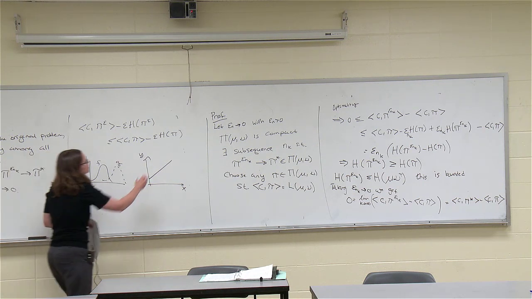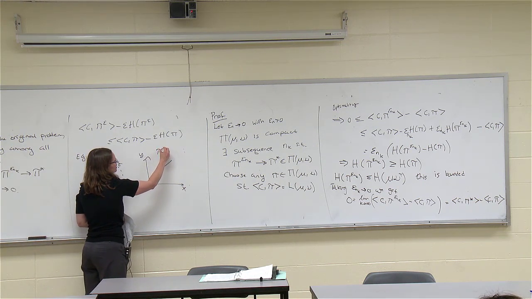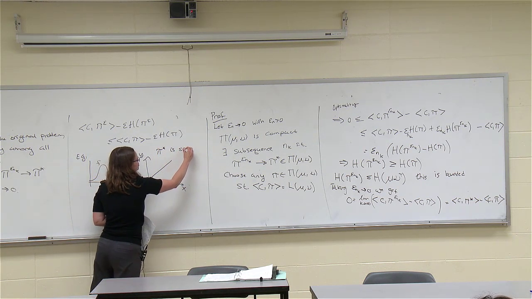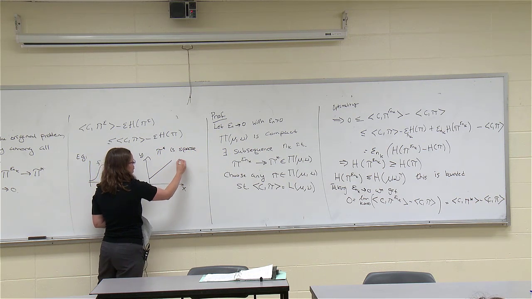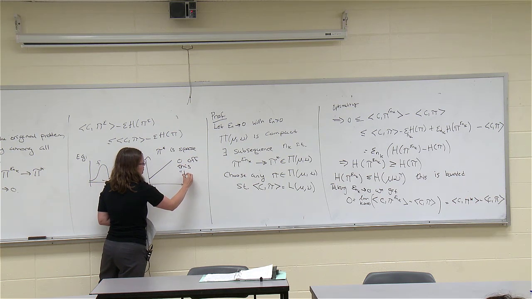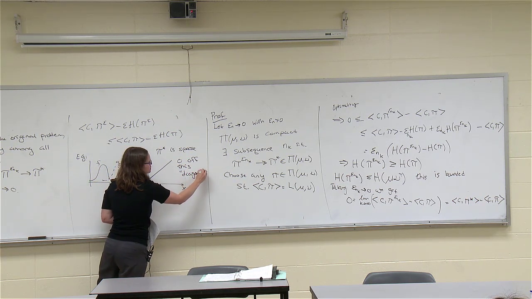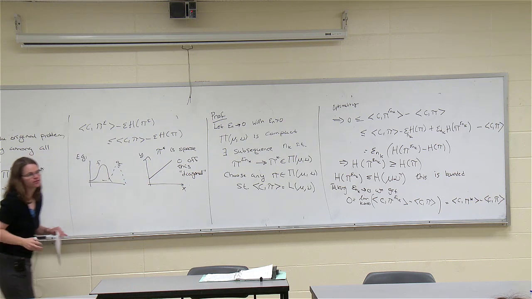So this pi itself, pi star, is sparse. In other words, it's 0 off this sort of diagonal, which doesn't have to be a straight line, certainly, for other plans.